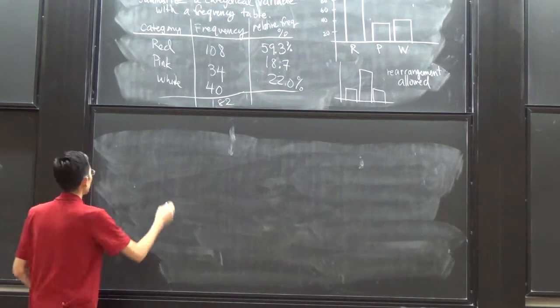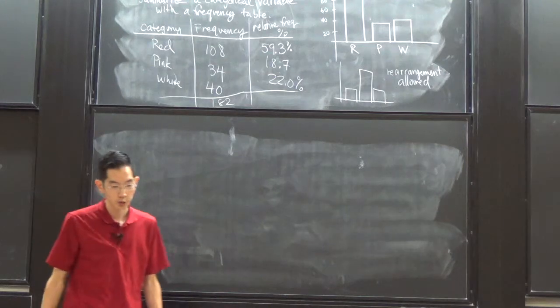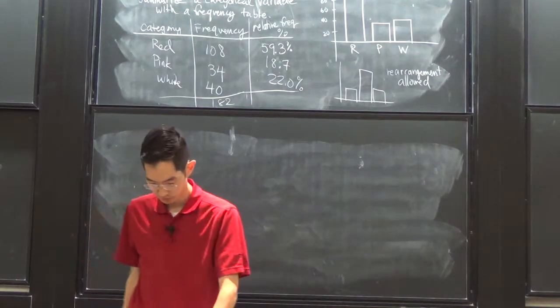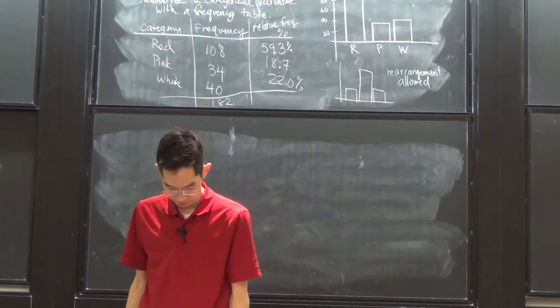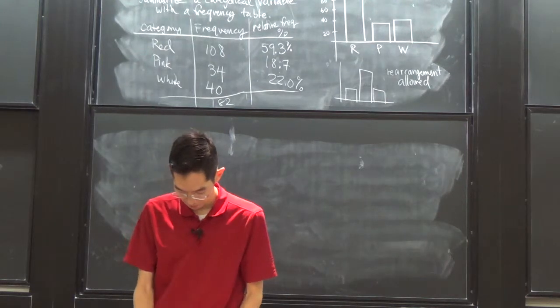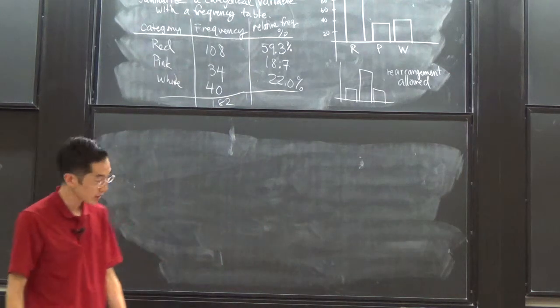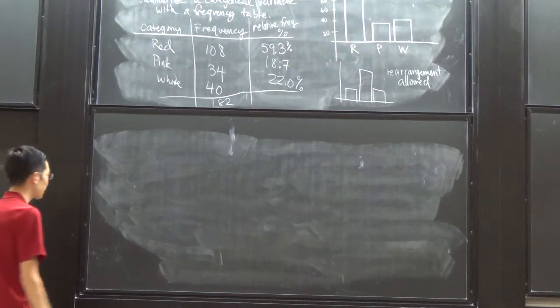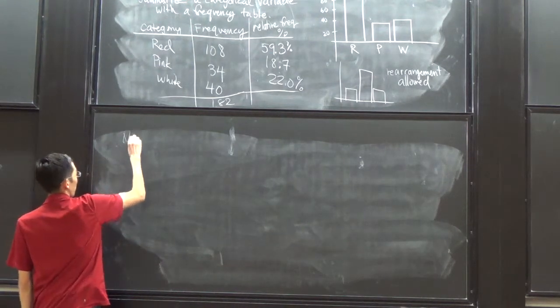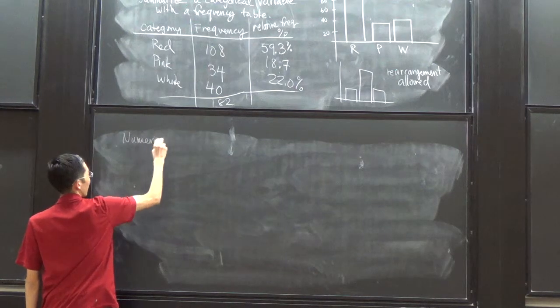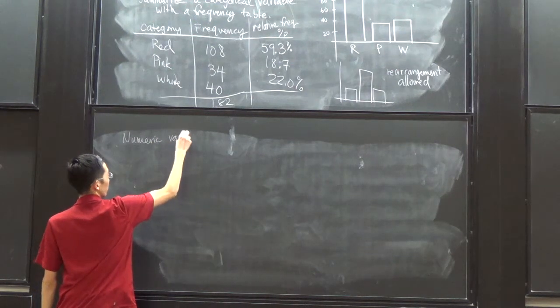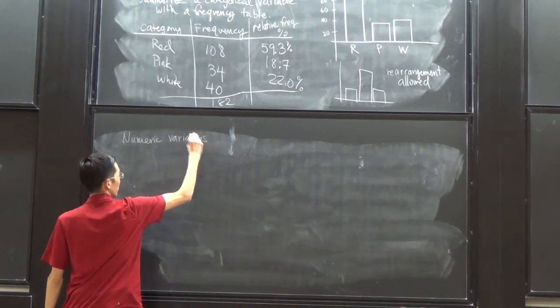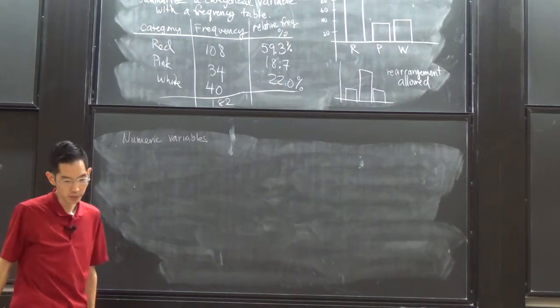Okay. On the other hand, we have numeric variables. And we can also create frequency tables for numeric variables. Okay.